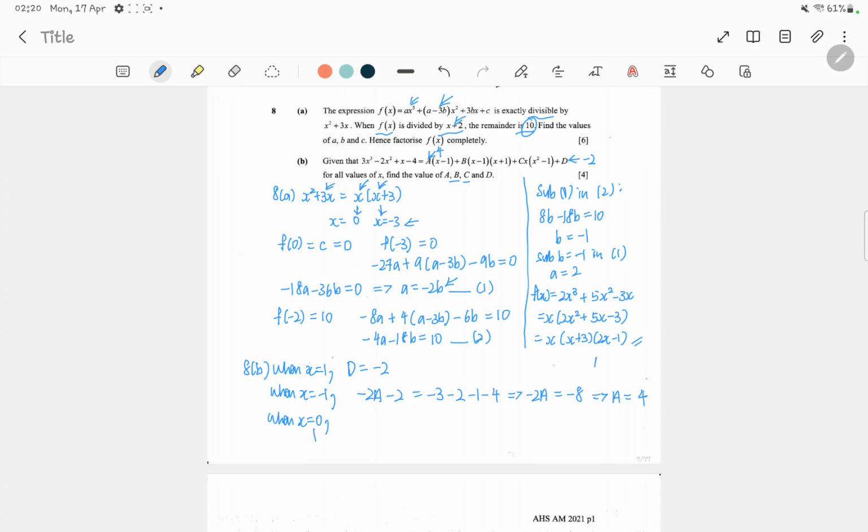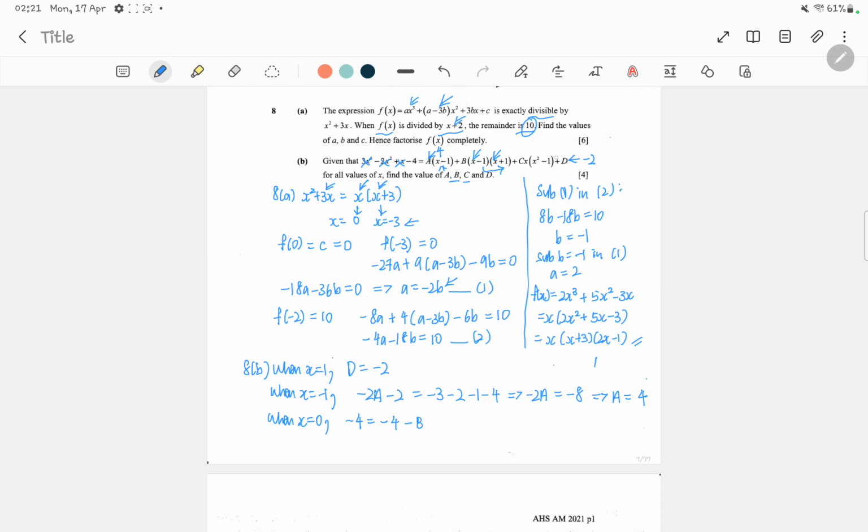So now I'm going to substitute x equals 0. So this is gone, this is gone, this is gone. So we have our minus 4 on the left hand side. Okay, so 0 minus 1 is minus 1, and minus 1 times 4 is minus 4. Here I substitute 0, which means I'm left with minus 1 times 1, that will be minus 1 times b, so minus b.